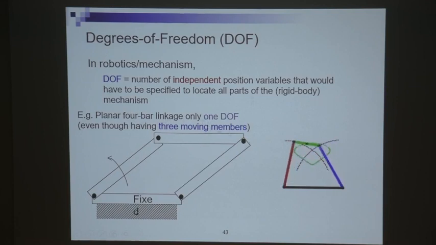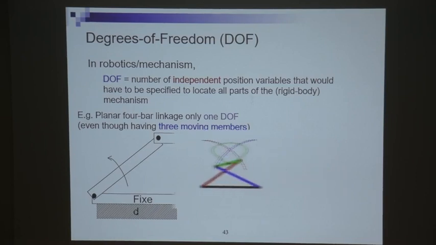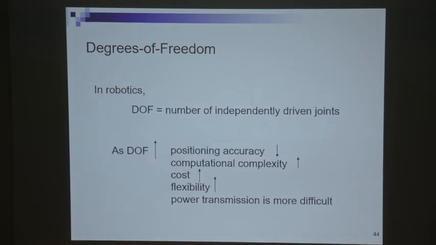This planar 4-bar linkage only has 1 single degree of freedom. You have 3 moving members, but at the end of the day, you only have 1 single DOF. We can make it easier and say that the DOF is equal to the number of independently driven joints. So by counting the number of joints of a serial manipulator, you can tell your degree of freedom.